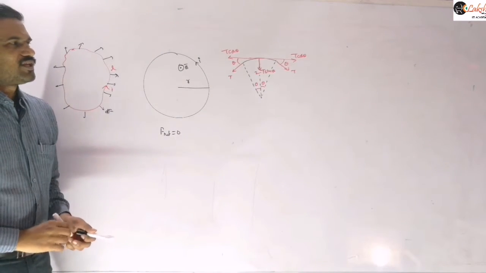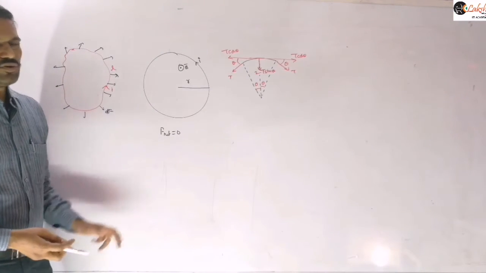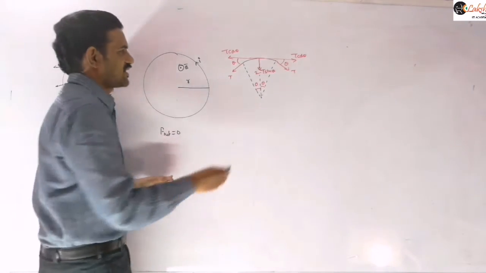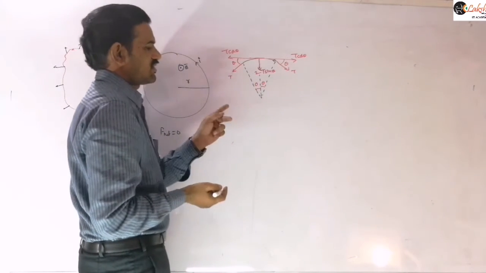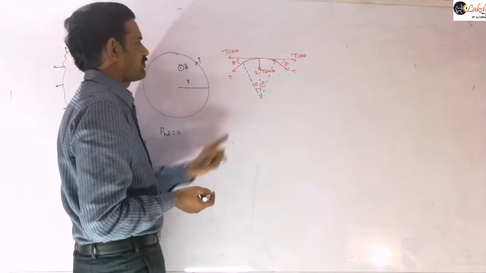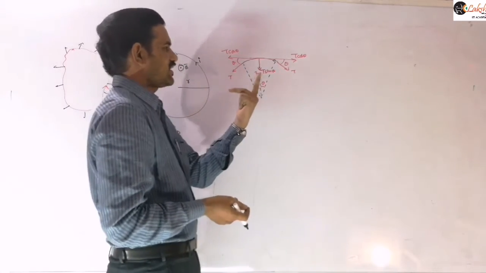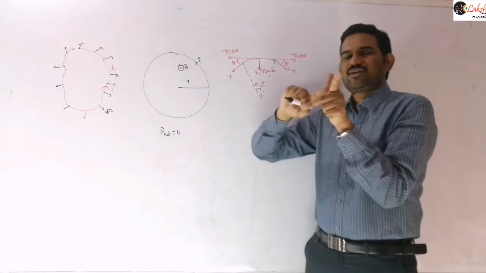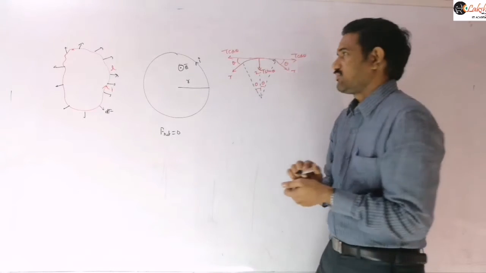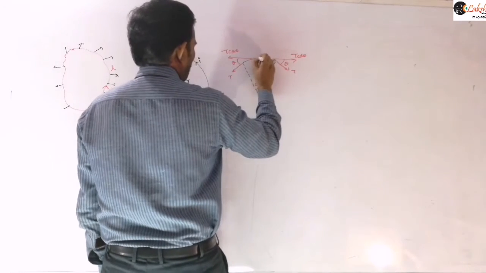Now there will be some magnetic force acting on the loop in outward direction, because the current is flowing along this direction in this loop. The situation will be like this: current is flowing like this and the field is out of the plane, so there will be some magnetic force acting on this in upward direction.